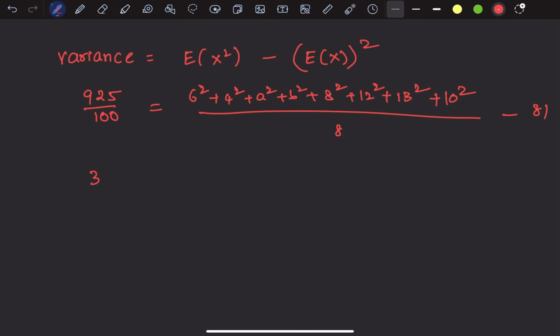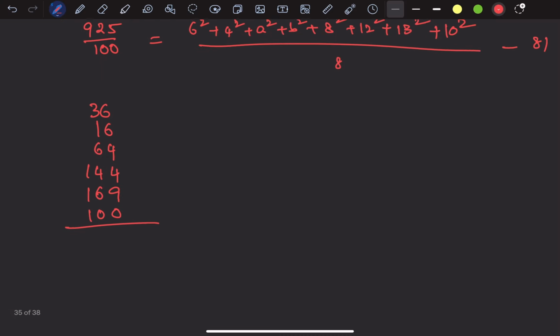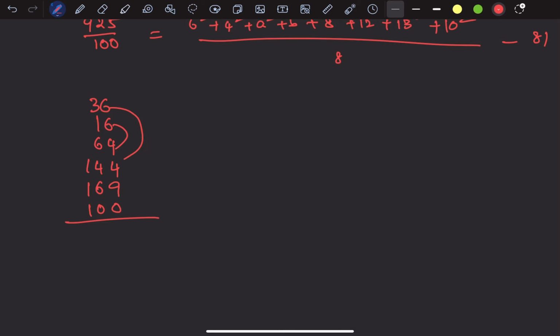So 6 square is 36, 4 square is 16, 8 square is 64, 12 square is 144, 13 square is 169, 10 square is 100. So if you add them up, 6 plus 4 is 10, 9, 29. So this is 2, this is 5, 6, 12, 16. 16 plus 6 is 22.